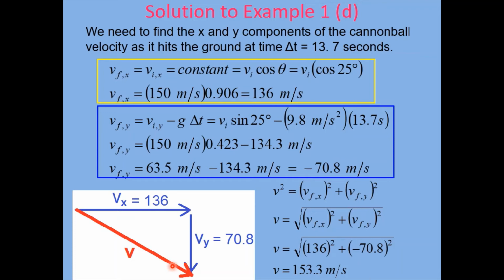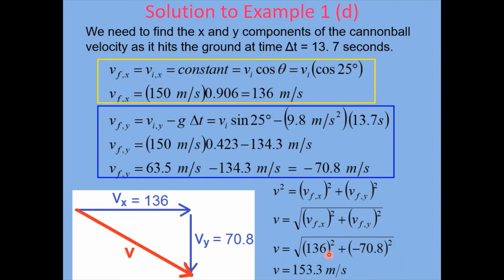So we're going to use the Pythagorean theorem. We know that V squared, that's the hypotenuse, is equal to this side squared, which is 136 squared, plus this side, 70.8 squared. So in order to figure out what V is, we have to take the square root of the Pythagorean theorem up here.